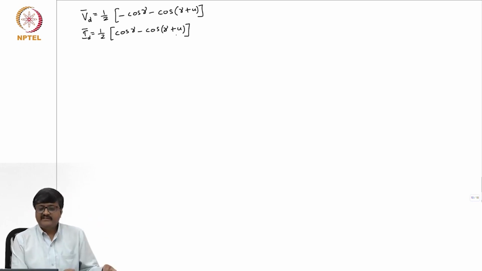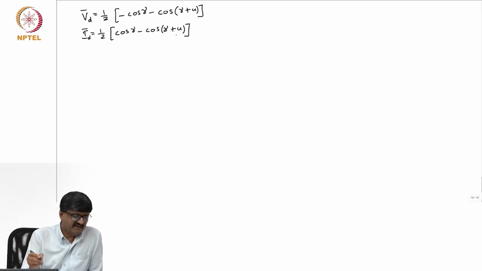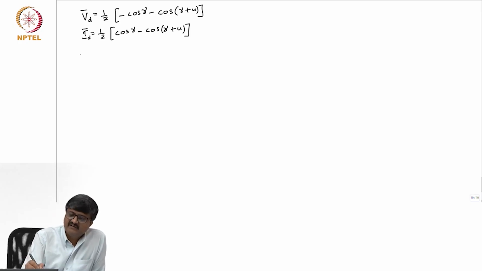As I did in the previous case, I can eliminate u using these two equations. If I subtract the second equation from the first equation, then I get VD bar equal to minus cos gamma plus ID bar.